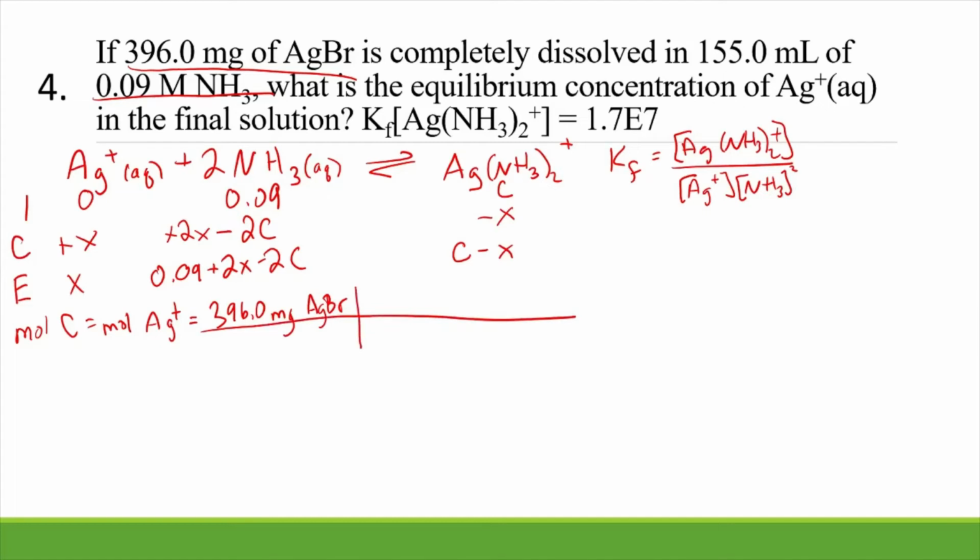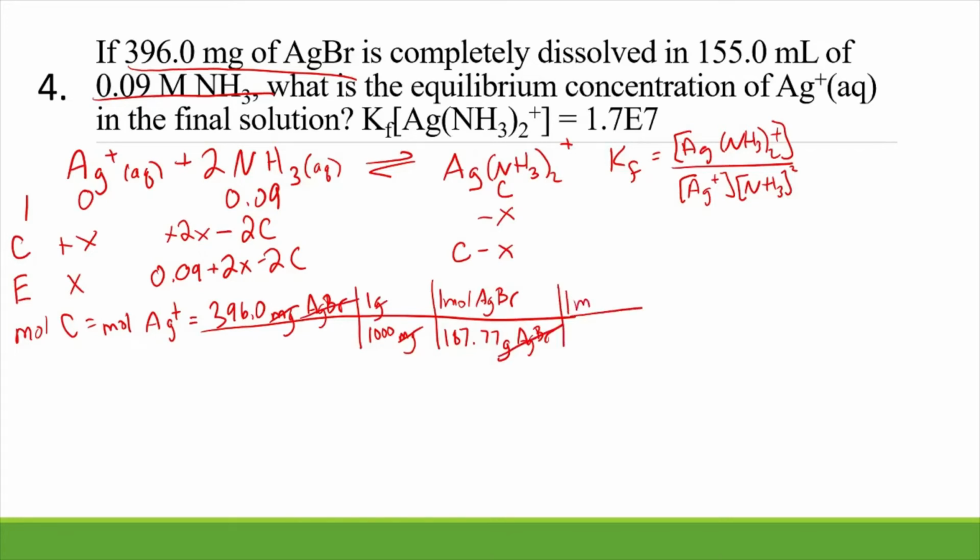And let's first turn this into grams, 1 gram per 1,000 milligrams. And then we know that we have 1 mole of AgBr for every 187.77 grams of it using molar mass. So now grams of AgBr are gone and we have moles.